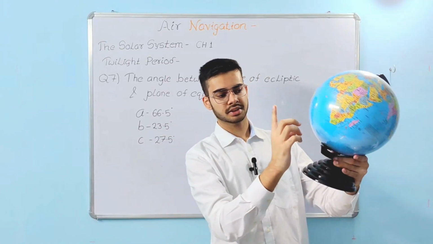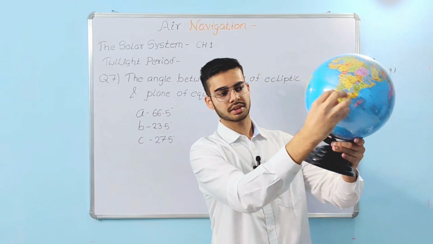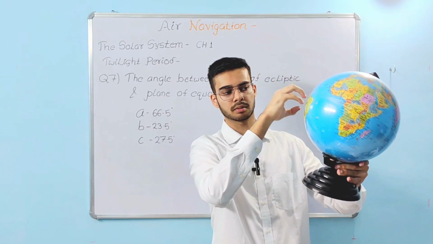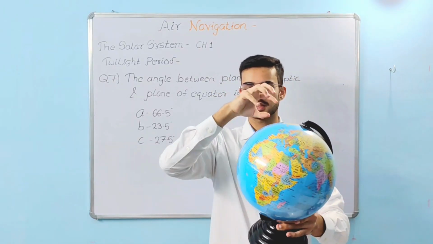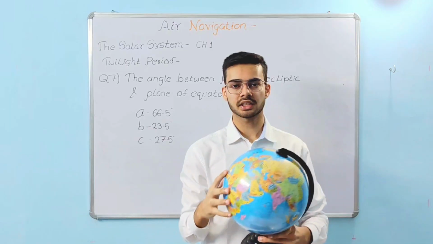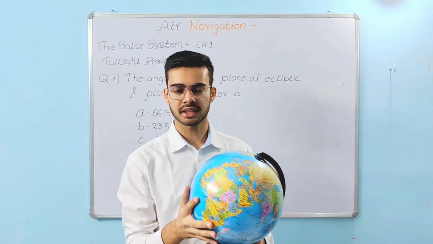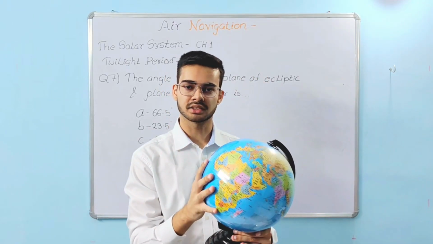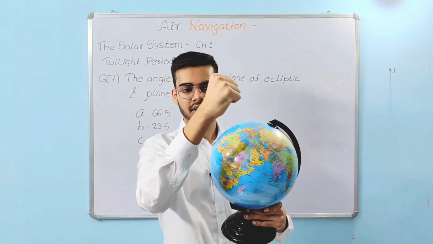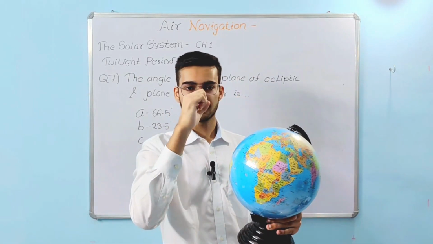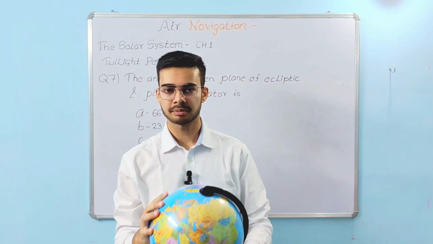It will look like the sun is revolving, coming above the equator, and then above the Tropic of Cancer. We are imagining it; of course, it is the earth that revolves. The path the sun traces while revolving is called the ecliptic.